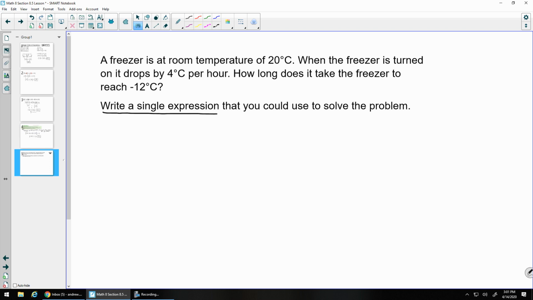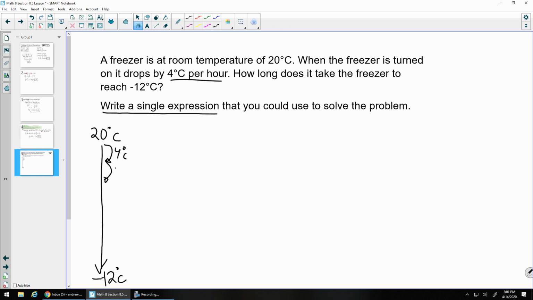Now let's just really think about what we're dealing with here. Our freezer was at 20 degrees Celsius. It is going to be dropping, if you can imagine a thermometer, all the way down to negative 12 degrees Celsius. And it's dropping by 4 degrees Celsius per hour. So 4 degrees Celsius every hour, it's going down.